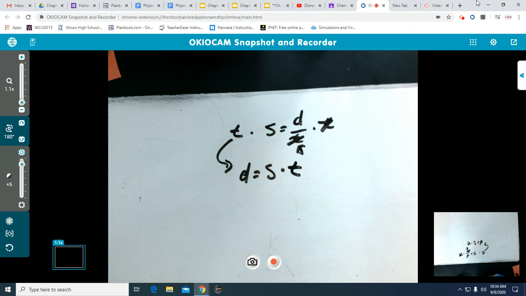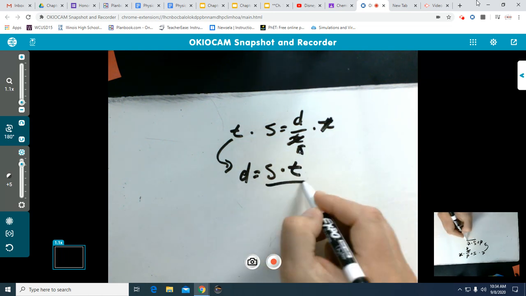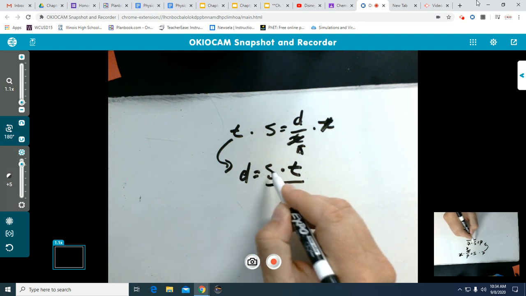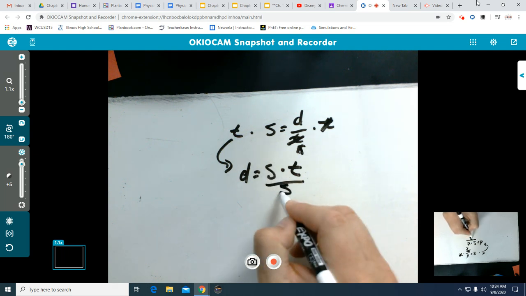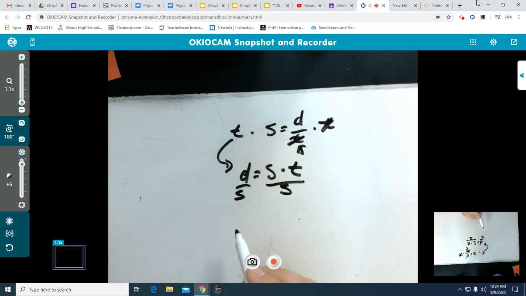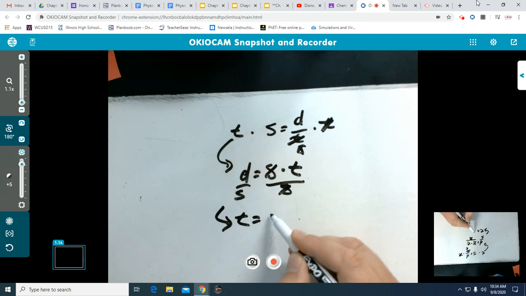Do we have time by itself yet? No. What do we have to do? Exactly. Divide S on both sides, which allows those S's to cancel. And now we get time is equal to distance divided by speed.